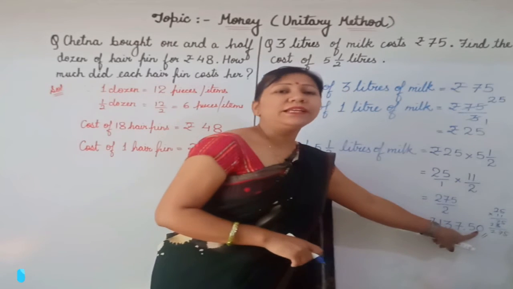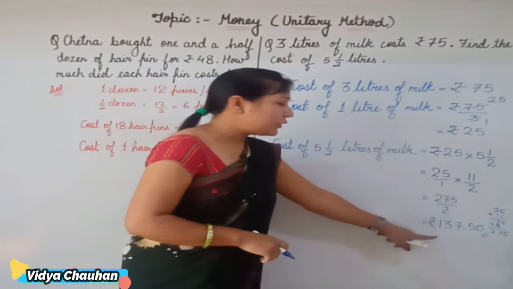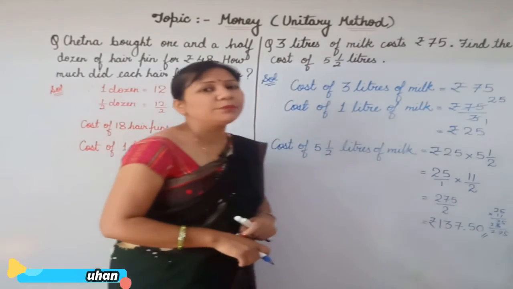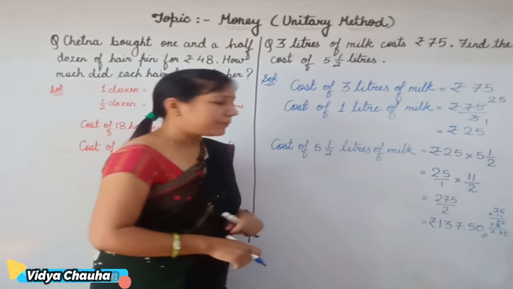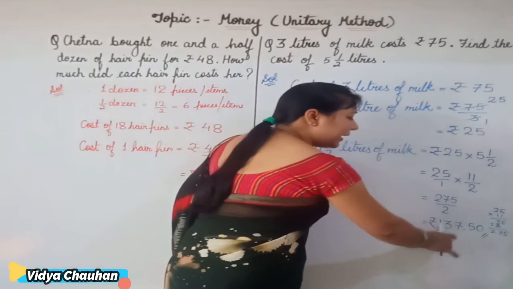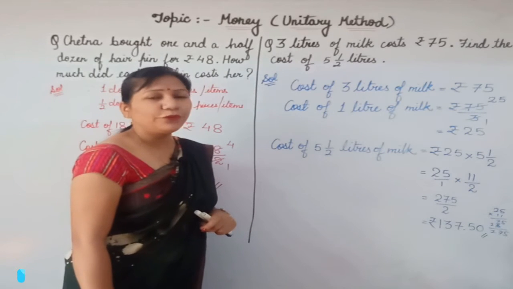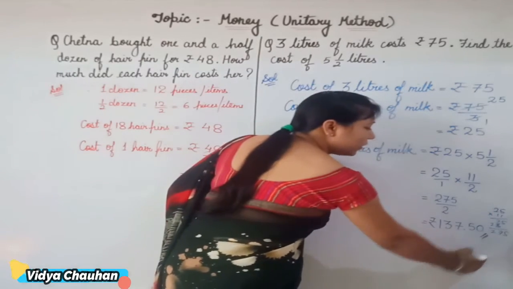To show that it is paise, 50 paise. That's why after the decimal we always keep 2 decimal places, because money is always expressed in 2 places. So the cost of 5.5 liters of milk is rupees 137.50. I hope both solutions are clear to all of you.